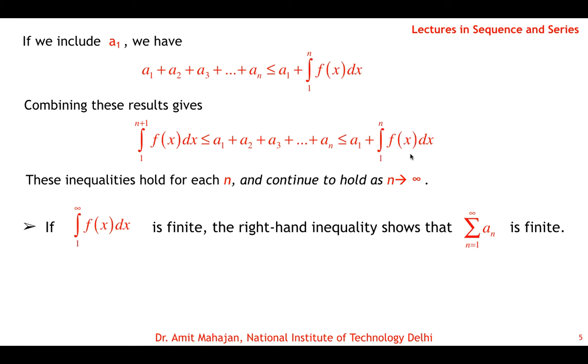So if the integral value when n goes large is finite, then this partial sum when n goes large is also finite. So it converges if the integral converges.